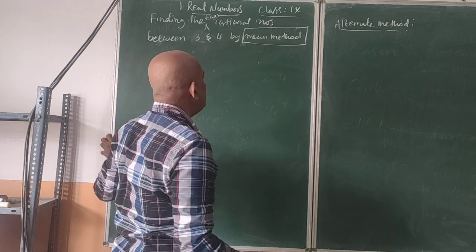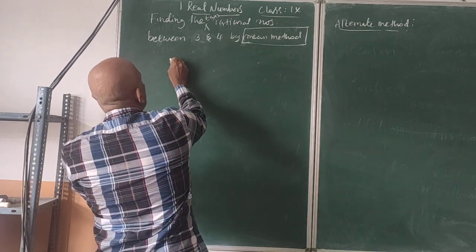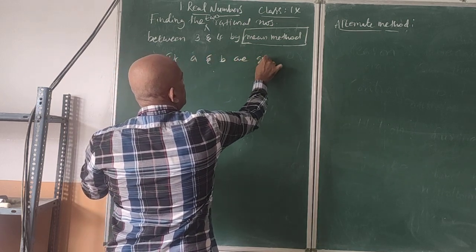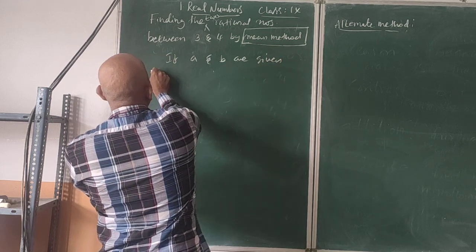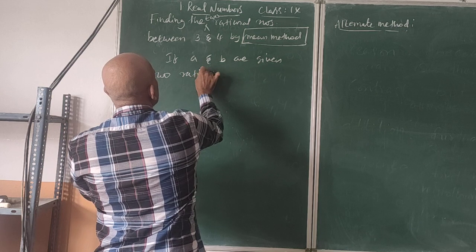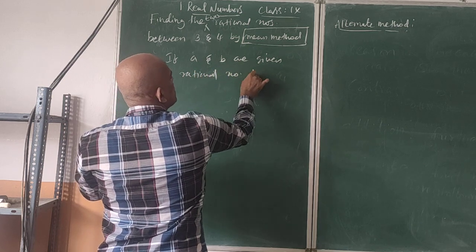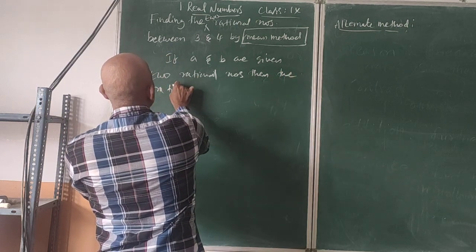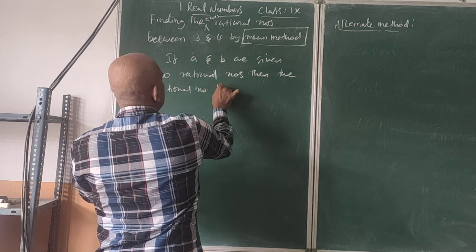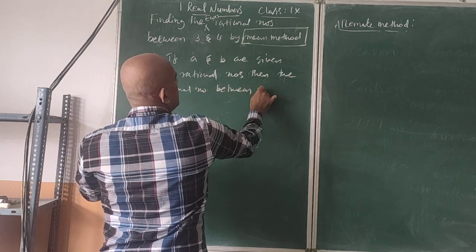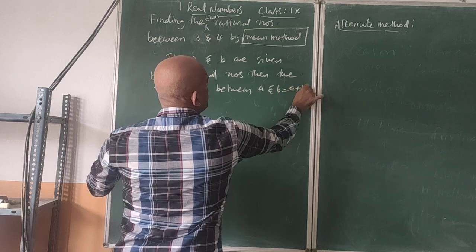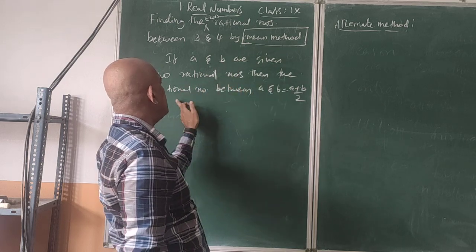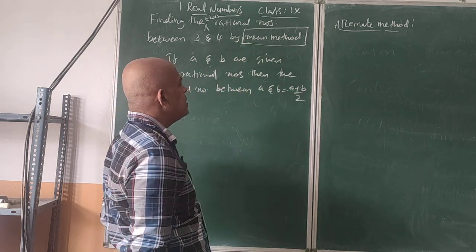By the mean method, there is a formula: if A and B are two given rational numbers, then the rational number between A and B is equal to (A plus B) by 2.